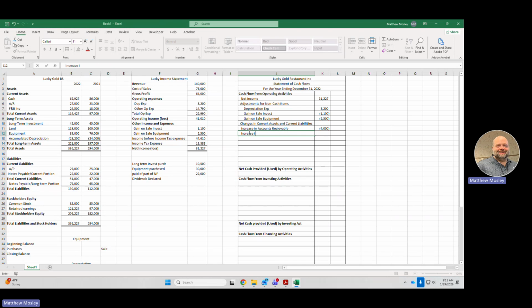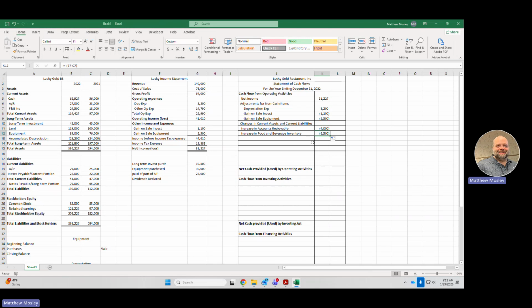in food and beverage inventory. Now, what's really nice about this is that food and beverage inventory happens to be right below accounts receivable. So I could redo the same formula I did before, or I could just drag it down.